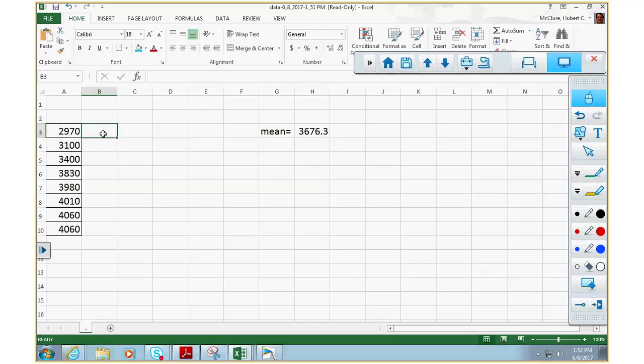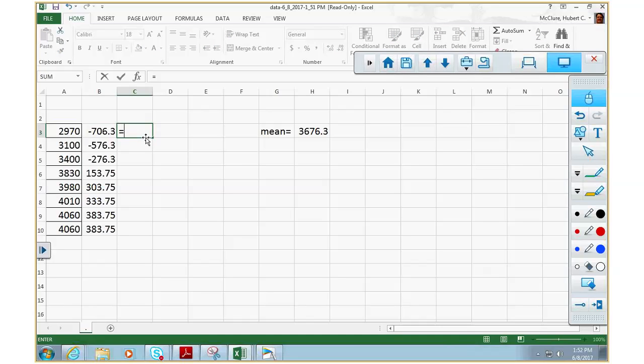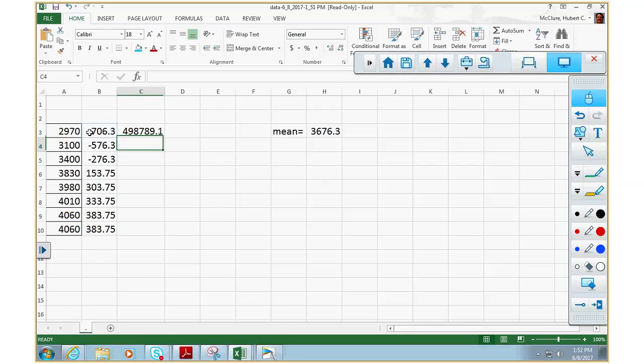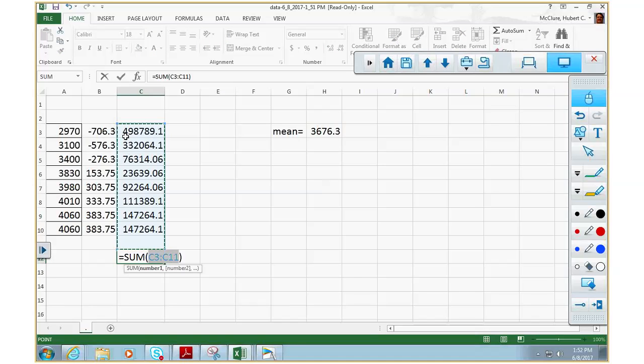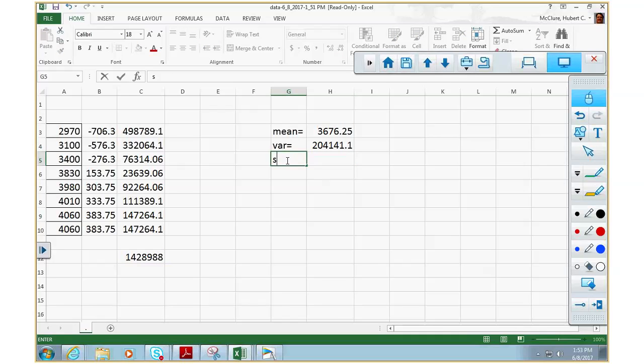So I'm going to go ahead and subtract and try to find the standard deviation as quick as I can. Divided by 7. And S is equal to that number raised to the 0.5 power.